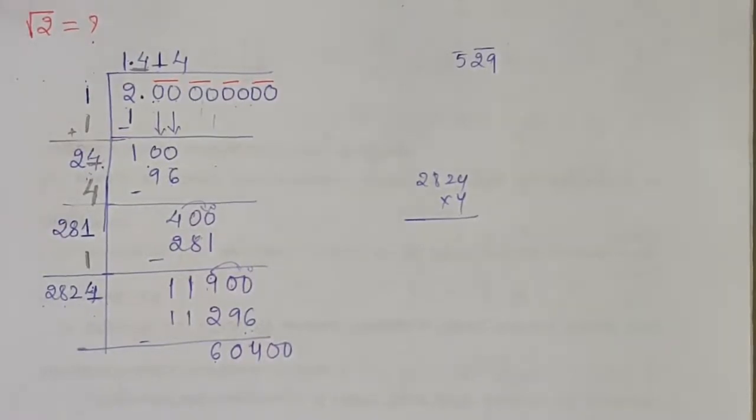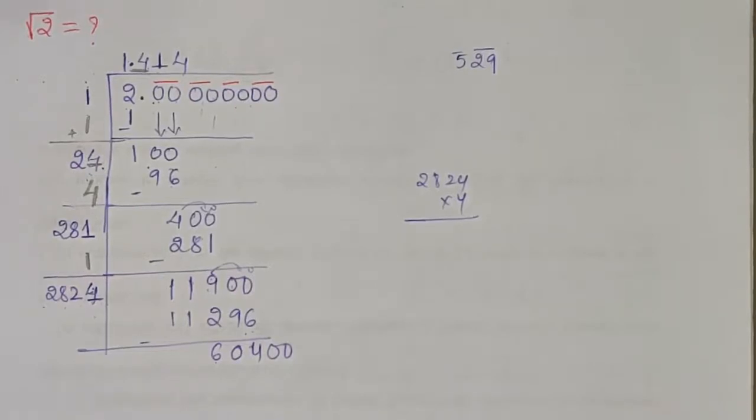This is the long division method for any type of number, which is a perfect square or not a perfect square. This is all about finding the square root of any number by the procedures.